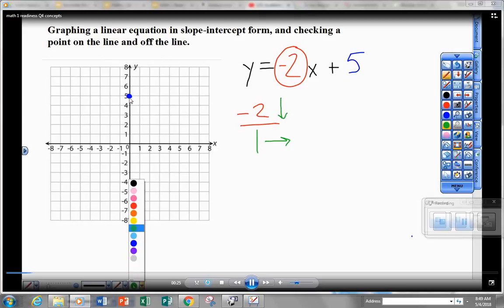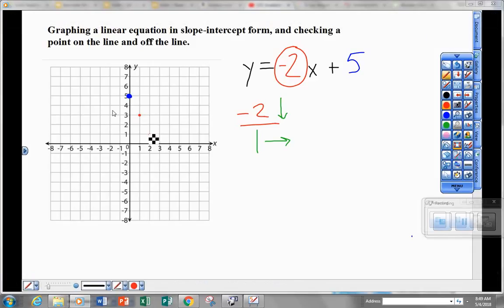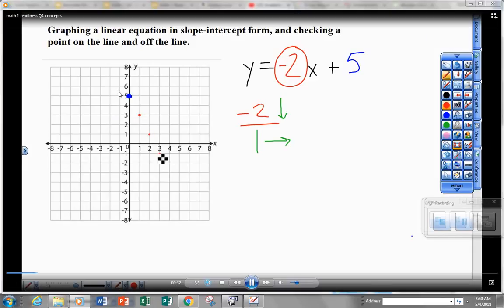So from that point 5, down 2, over 1, down 2, over 1. Be able to stair step that the opposite way, going left 2, up 1, realizing those are equivalent slopes. Down 2, right 1 is negative 2.